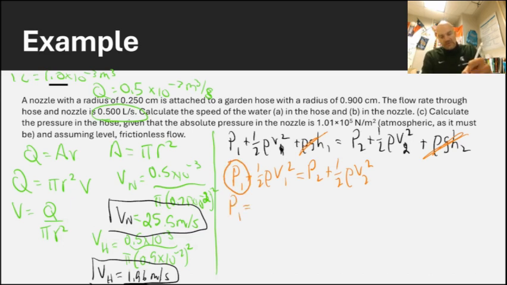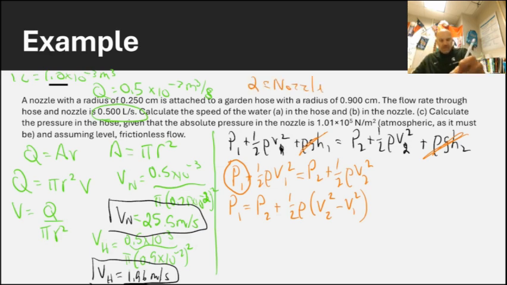So P1 is going to equal P2 plus 1/2 rho, because it's going to be the same fluid, times V2 squared minus V1 squared. So this is telling me that 2 is going to be the nozzle and 1 is going to be the hose. And so we're solving for the hose.